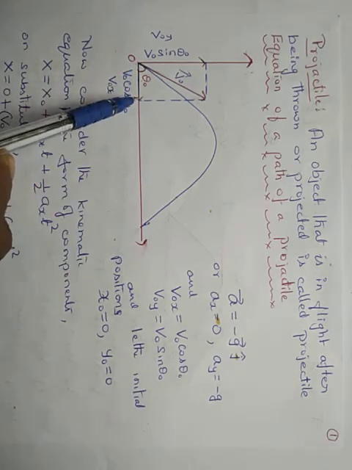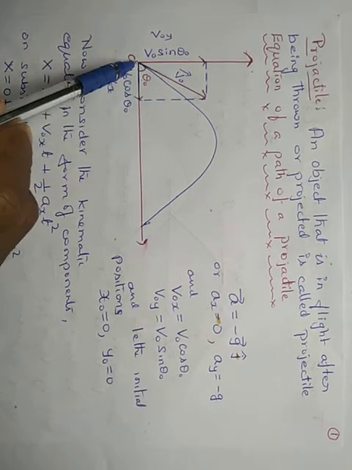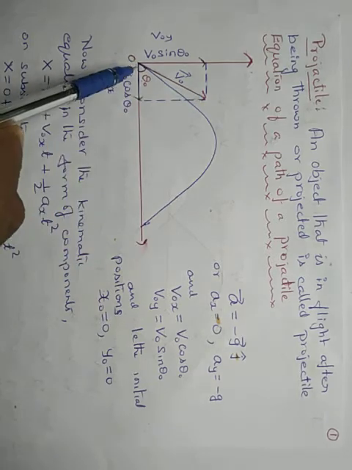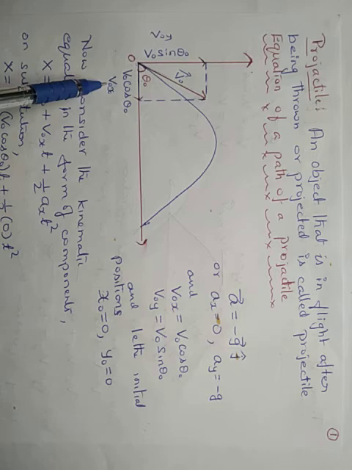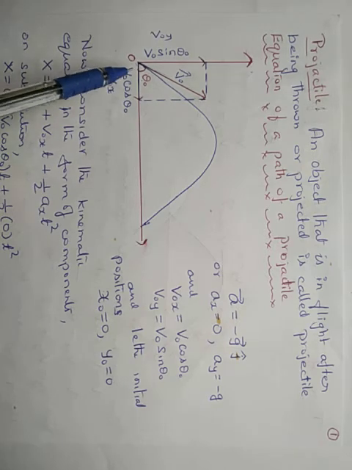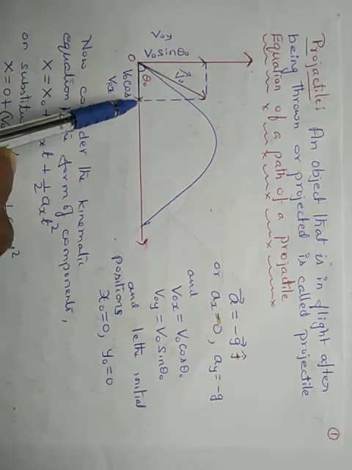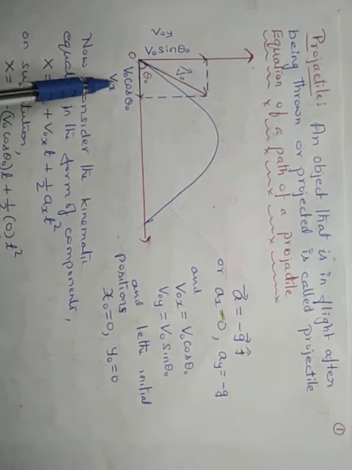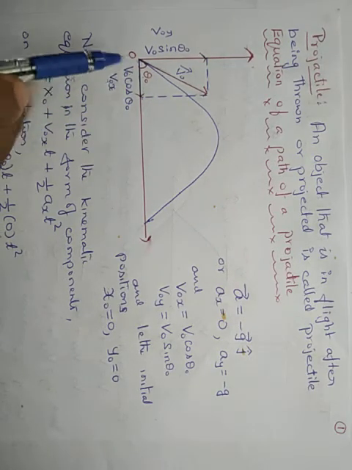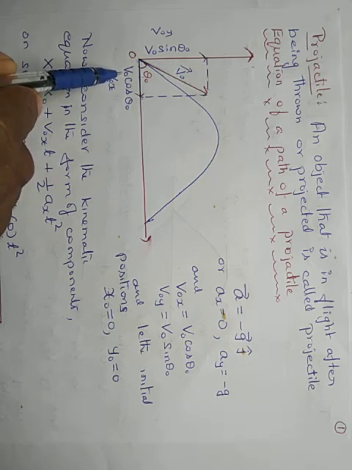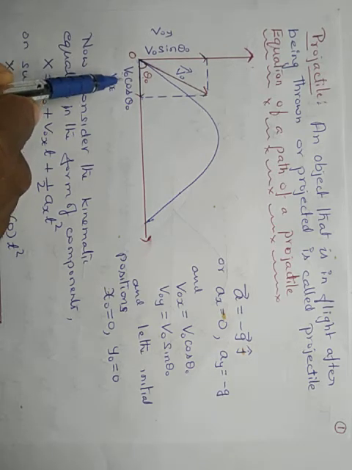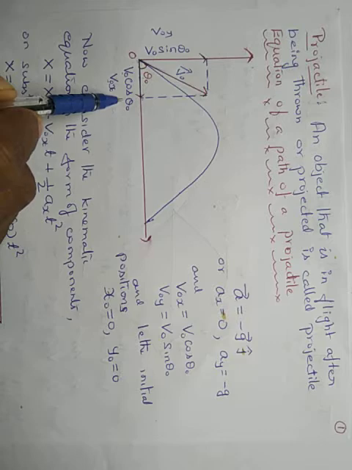This length is the component of V naught along the x axis, called V naught x, or we can write it as V naught cos theta naught.